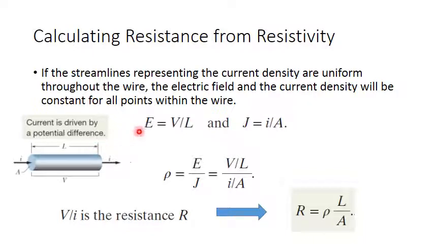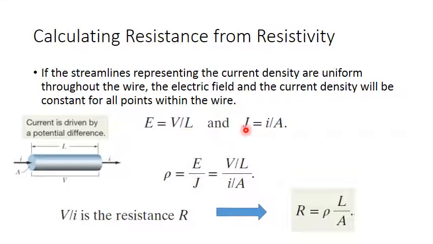If you remember, the electric field is minus delta V over delta X. Delta V is the potential difference. Delta X is the length. So the electric field is V over L.